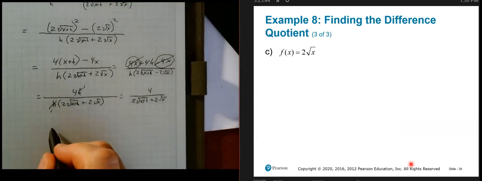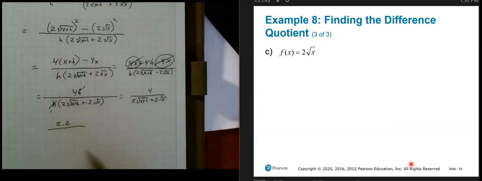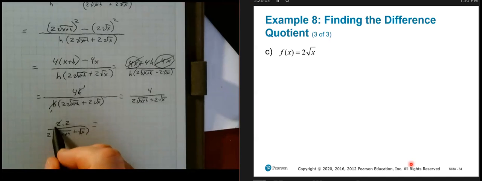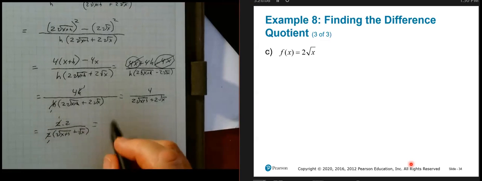So I have 2 times 2 in the numerator because 2 times 2 is 4, so I can write it that way. And then I have 2 times the expression, the square root of x plus h plus the square root of x. This 2 goes away with one of those 2s because they equal 1.